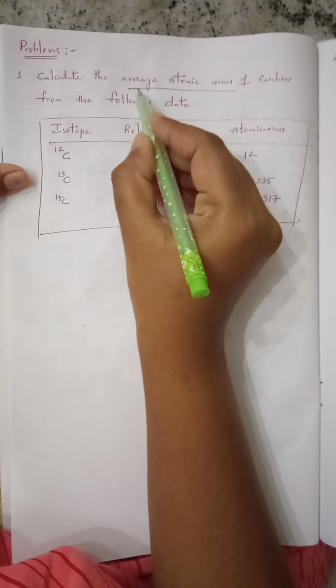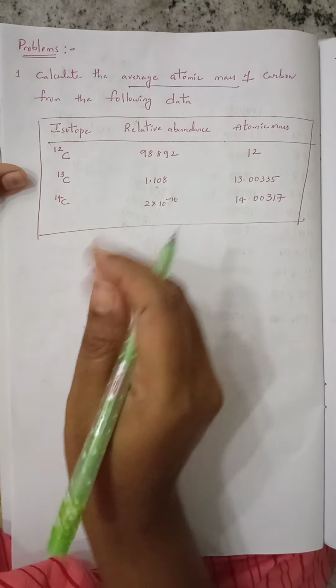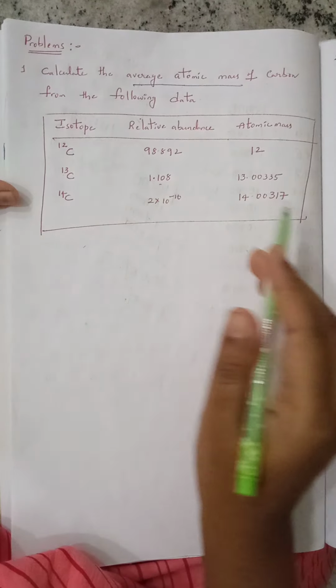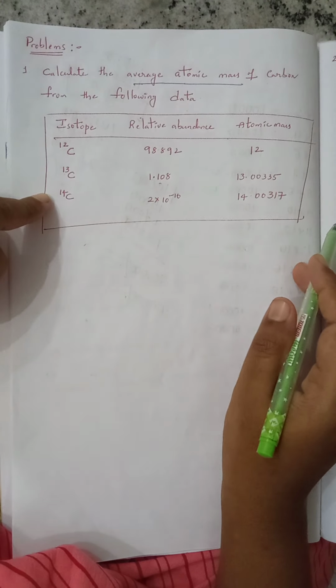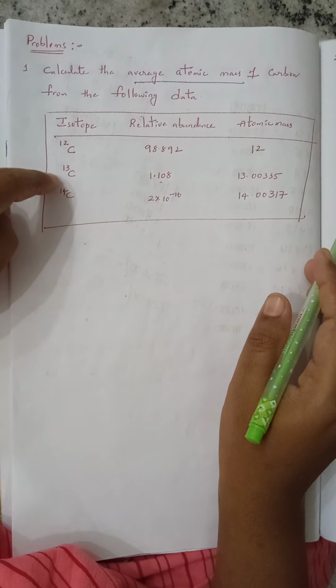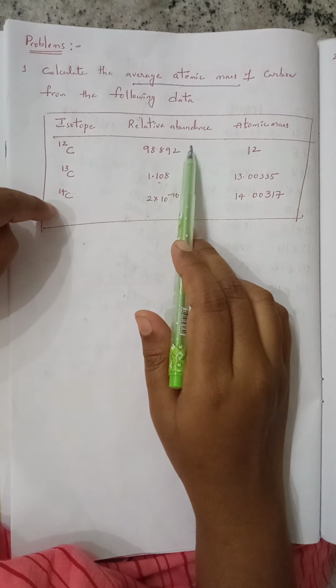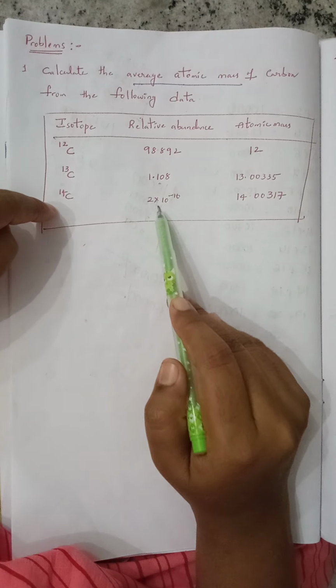First, they have given data. In this data, they have mentioned carbon isotopes. There are 3 carbon isotopes, C12, C13 and C14, and the relative abundance is also mentioned for each isotope.